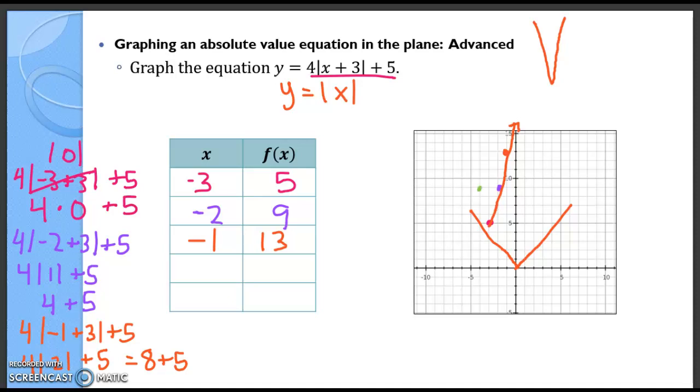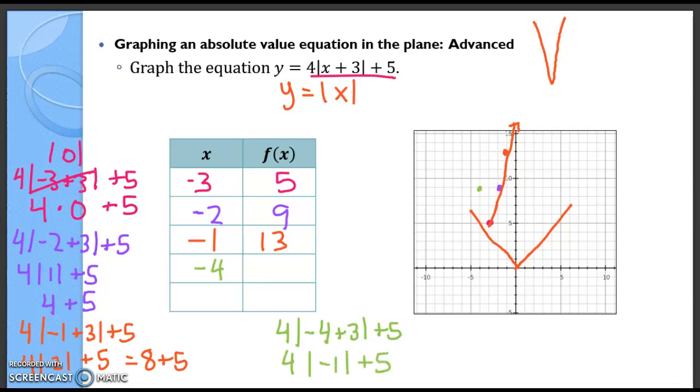Now I'm going to guess I have a point here. Let's check. At -4 I should be at a 9. 4 times the absolute value of -4 plus 3, plus 5. So this is plugging in -4. 4 times the absolute value of -1, plus 5.